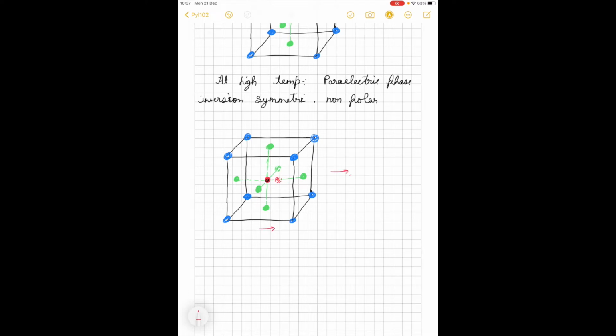Let me just say this is our x, this is our z, and this is our y. Then we have a polarization along the x-axis.